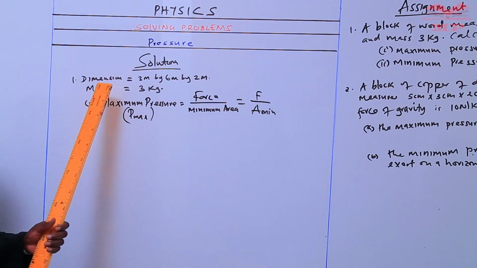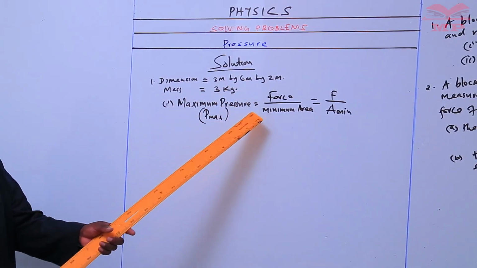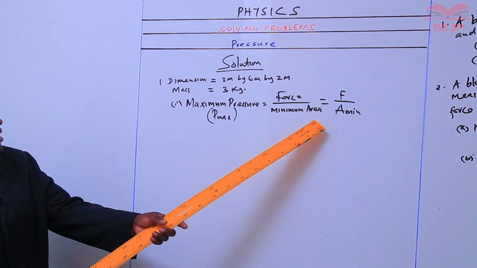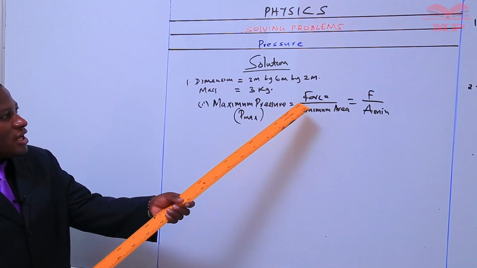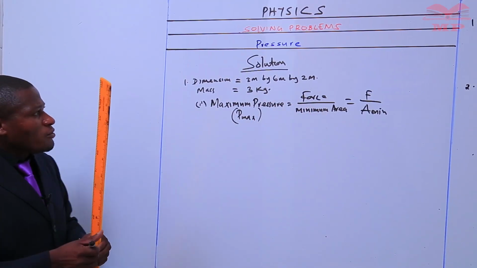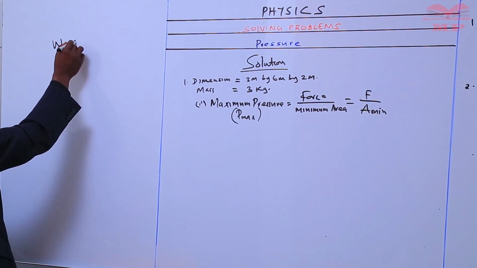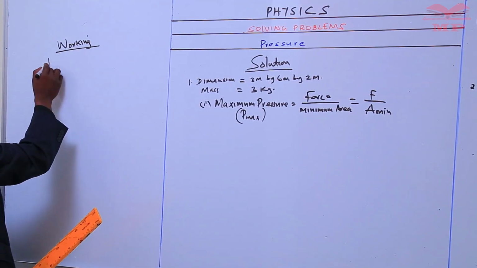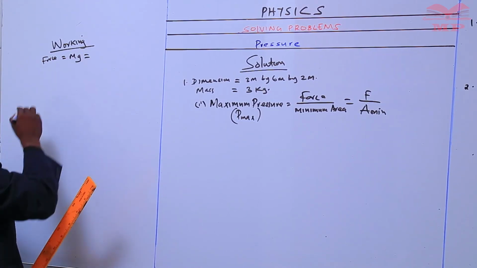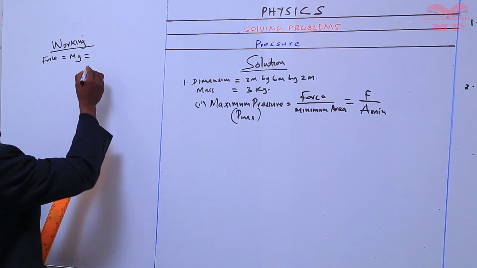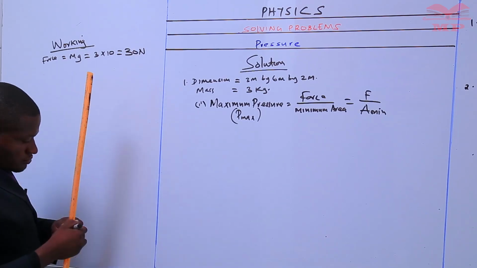From what we have been given, we have the dimensions and mass. The formula needs force and minimum area, but we don't have that force. But this mass is going to enable us to get this force. From our previous lesson, force is given by mg, which equals 3 times 10, 30 newtons.